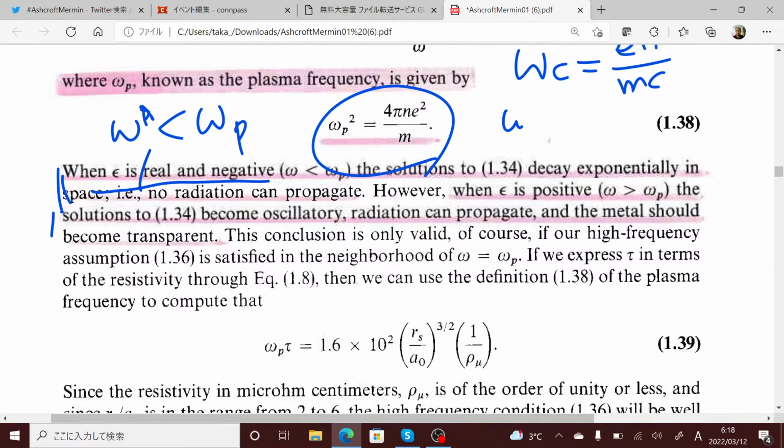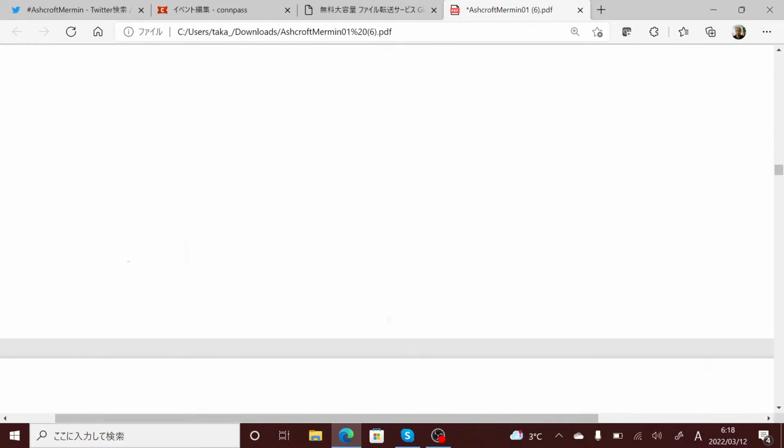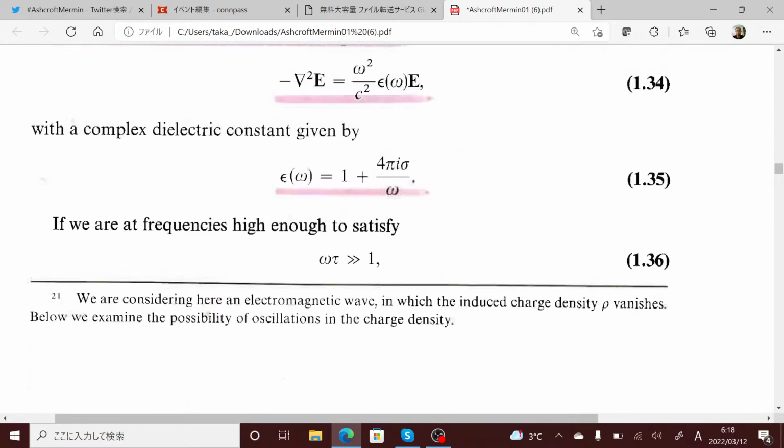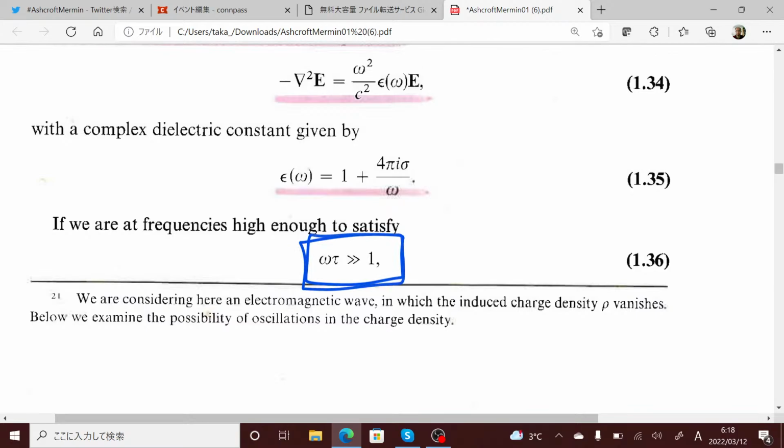This condition is only valid, of course, if our high frequency assumption 1.36 is satisfied. High frequency assumption is satisfied.